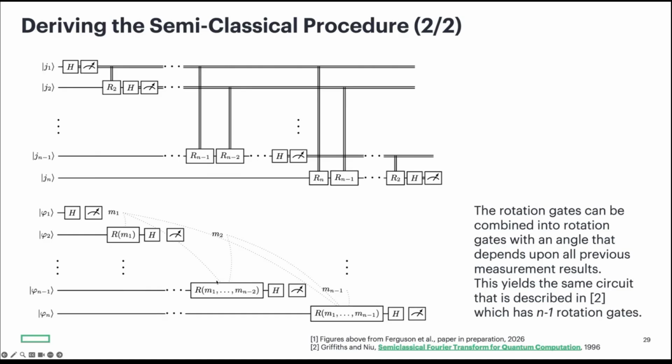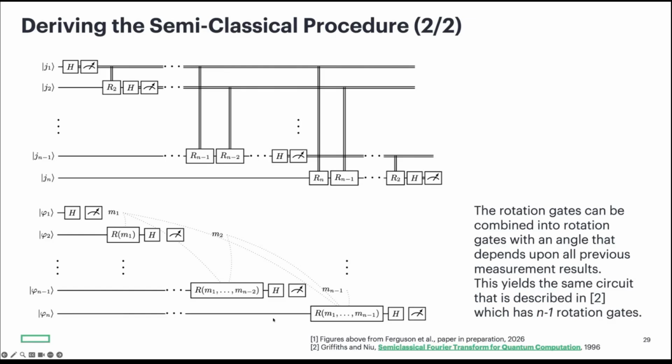There are these light arrows here that show the data flow: every qubit is measured, and then the measurement values from all qubits measured so far contribute to what angle we will use for this rotation. So now, instead of order n squared rotation gates, we have n-1 rotation gates, because there's only one rotation gate for every qubit, and we didn't need one for the first qubit.